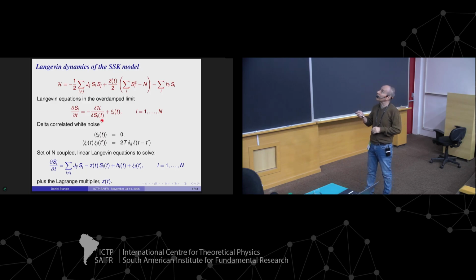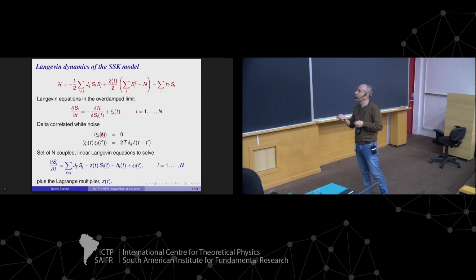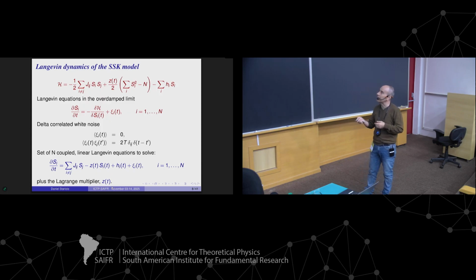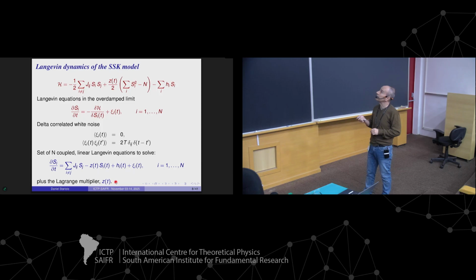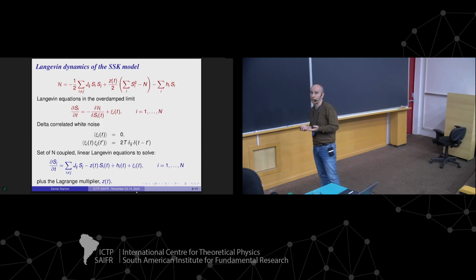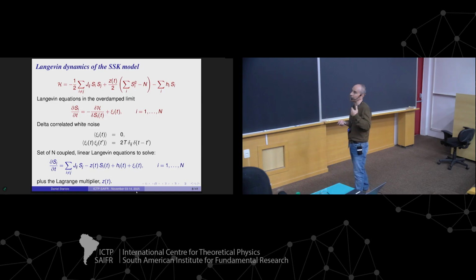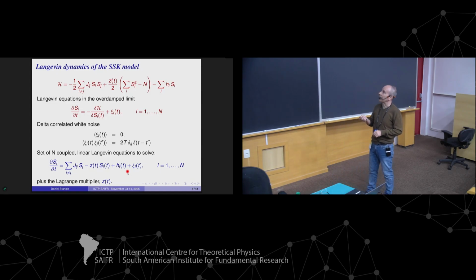So we will try to solve the system of Langevin equations. Will we solve them exactly? And in the process, we will have to determine the Lagrange multiplier self-consistently. And with this, we will be able to obtain the exact solution of the dynamics, and then look at what we want to look at, that is the long time asymptotic relaxation.